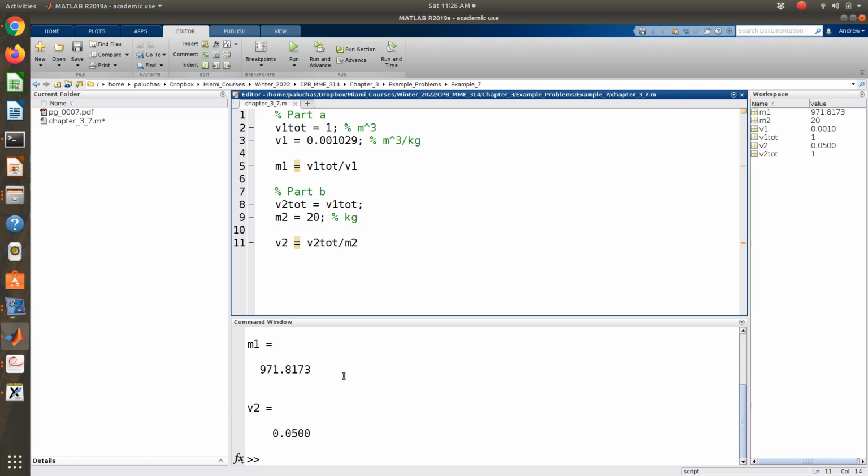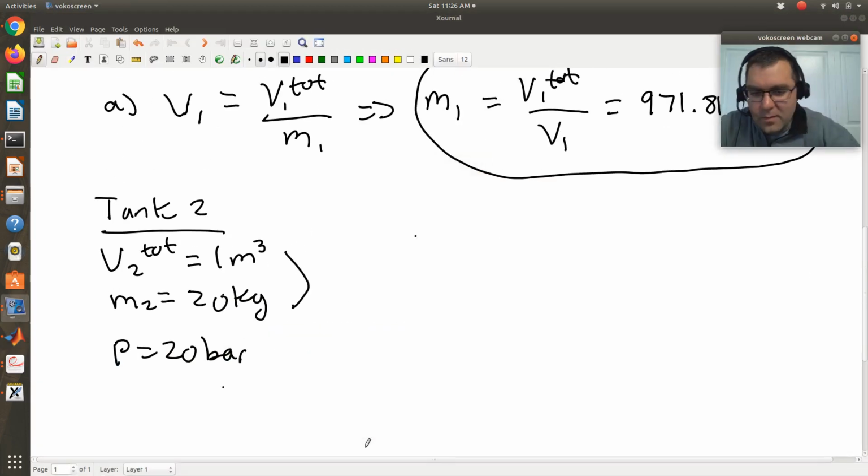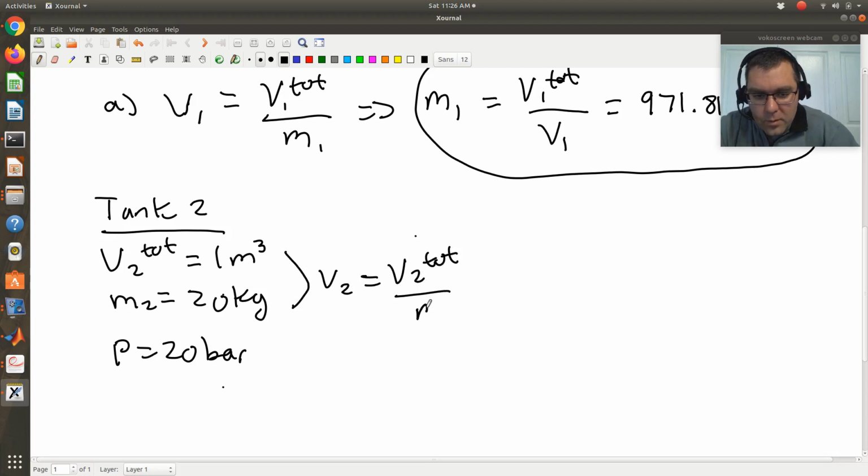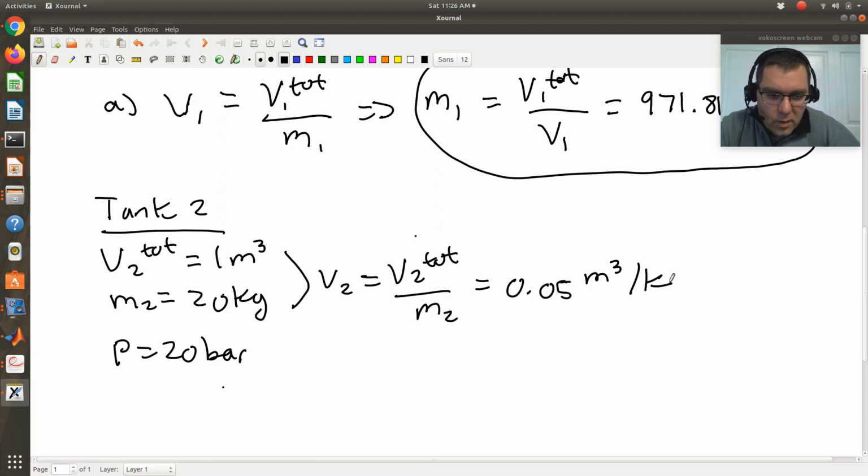So my specific volume V2 is V2 total over M2. It's going to be 0.05 meters cubed per kilogram.